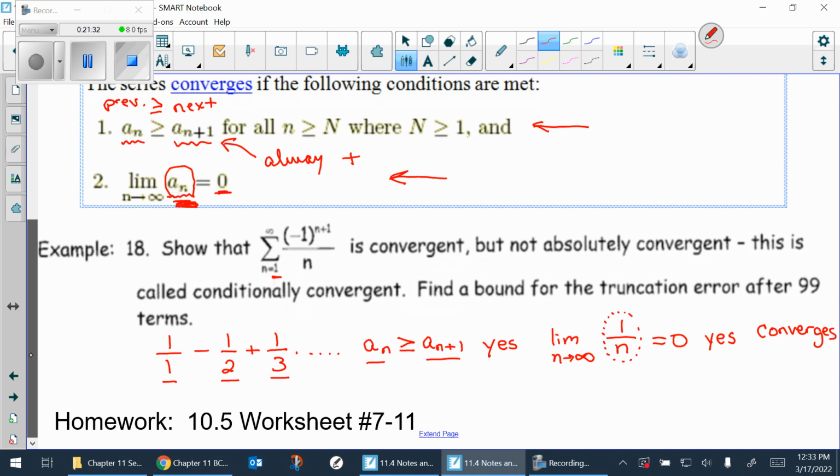But does it converge conditionally or absolutely? Well, what if I took the absolute value? What if I said n is equal to 1 and it goes to infinity, but we take the absolute value of negative 1 to the n plus 1 over n.